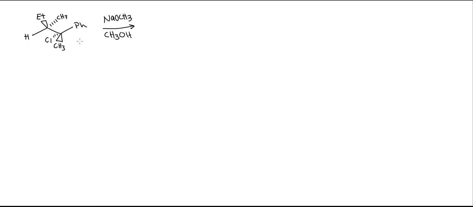All right, so let's draw the Newman projection looking down this bond this way. Okay, so my front carbon is the carbon that has the methyl group and the chlorine and the phenyl on it, right? So let's take a look at it. So my phenyl is kind of going up, right? So Ph is going to be here.